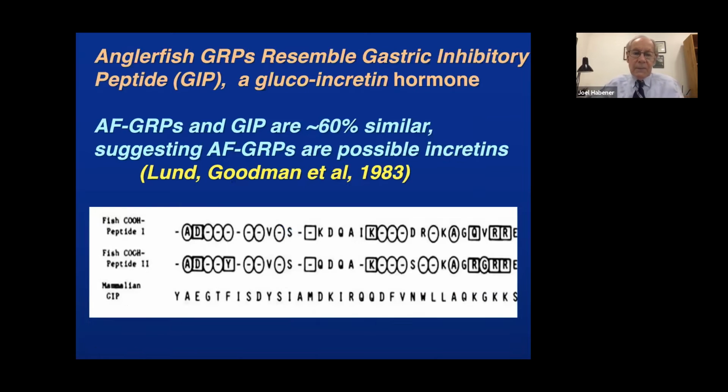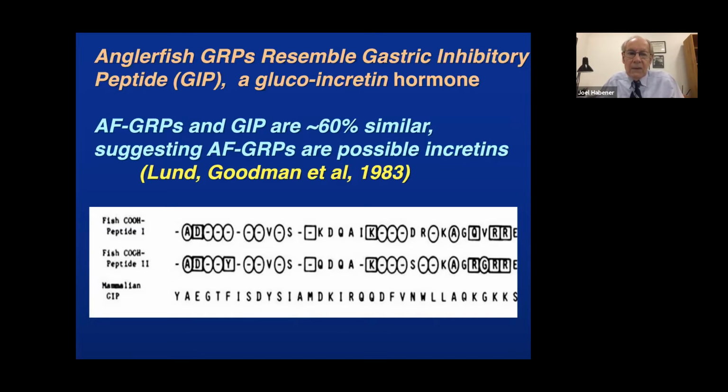So what we recognized was that the anglerfish GRPs resembled gastric inhibitory peptide, which is called GIP, which was known as the glucoincretin hormone.